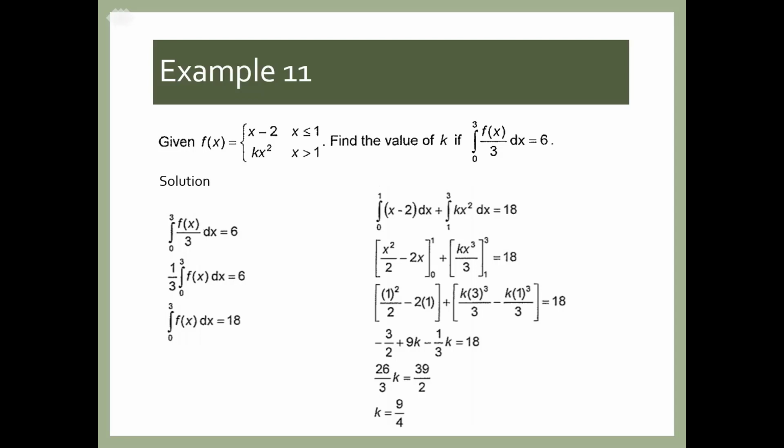Therefore, the integral of f(x) from 0 to 3 can be written as the integral of x minus 2 from 0 to 1 plus the integral of kx squared from 1 to 3. As the integral is equal to 18, solving for the k value, you will obtain k equal to 9 over 4 as the final answer.